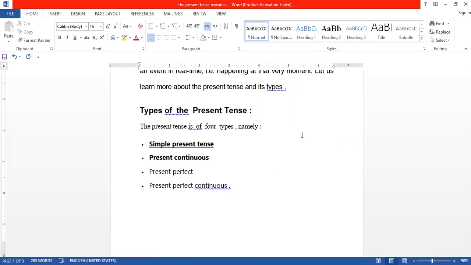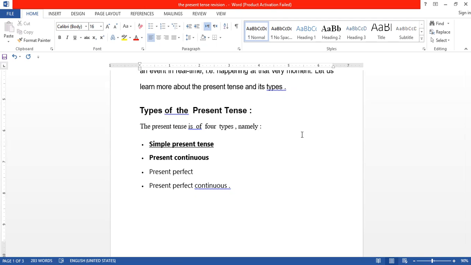Our focus will be on the first 2, the simple present tense and the present continuous. All right? But this is for your knowledge. You have to know that there are 4 sub-tenses for the present tense. First one, simple present tense. Second one, present continuous. Third one, present perfect. And the fourth one, present perfect continuous.